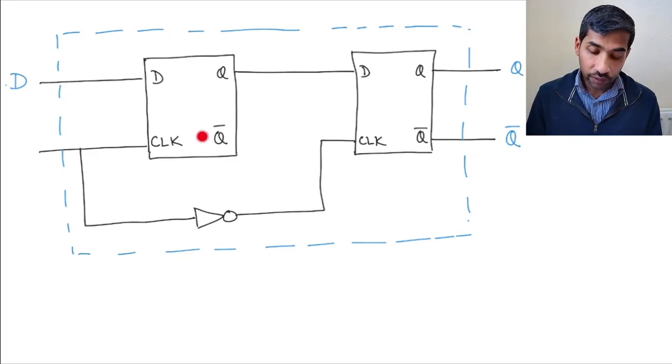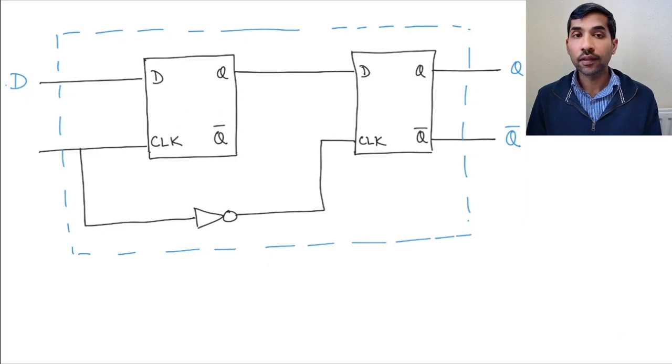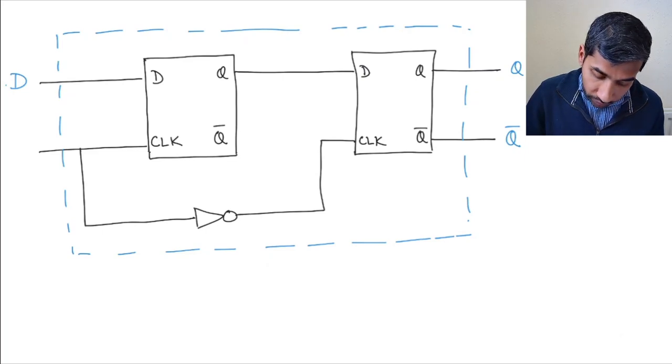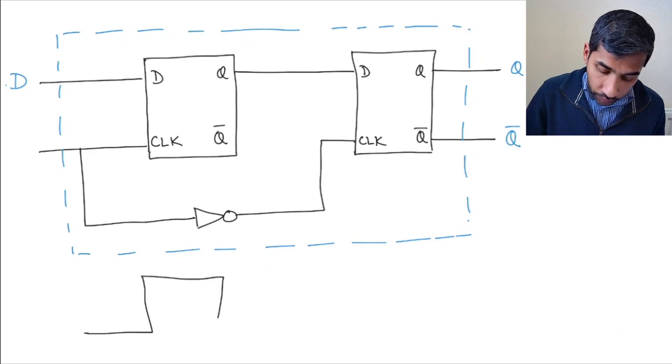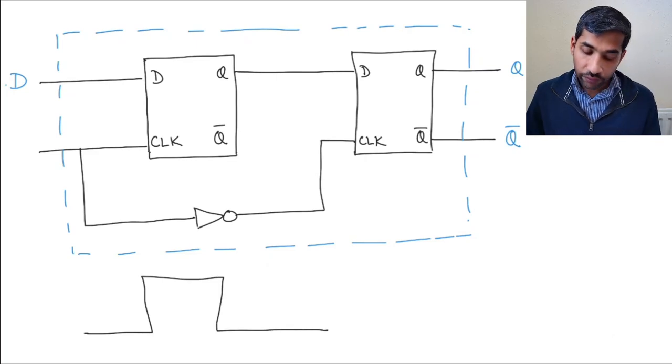Now this particular flip-flop, the first flip-flop, is going to switch on when? So if you have a clock signal like this, let me draw a clock here. So when is flip-flop 1 going to be on? When is the input going to influence the output?